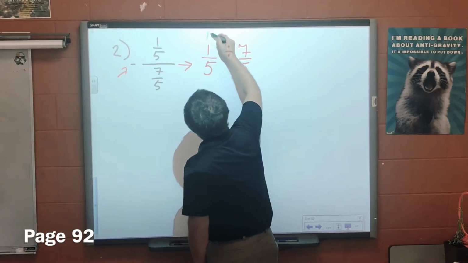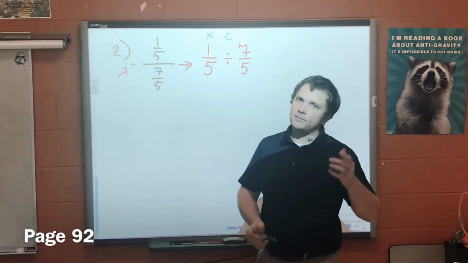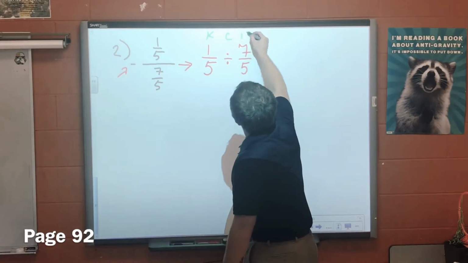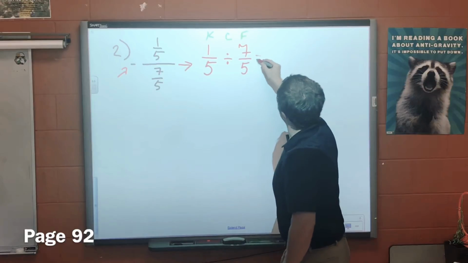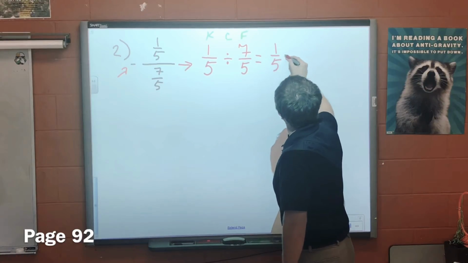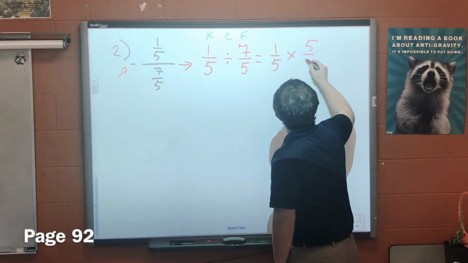So we're looking at 1/5, we're gonna keep that. Change this division problem into a multiplication problem, make your life simple, and flip the last fraction. So this will become 1/5 times 5/7.